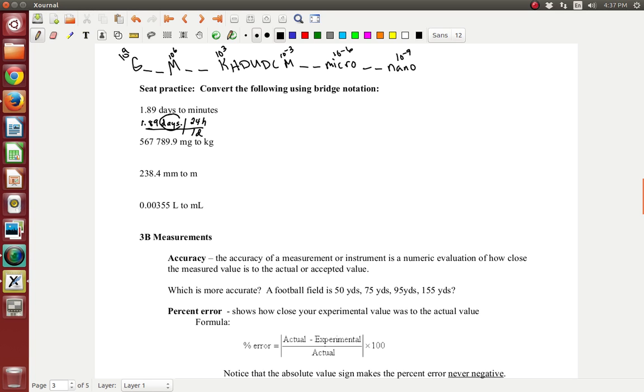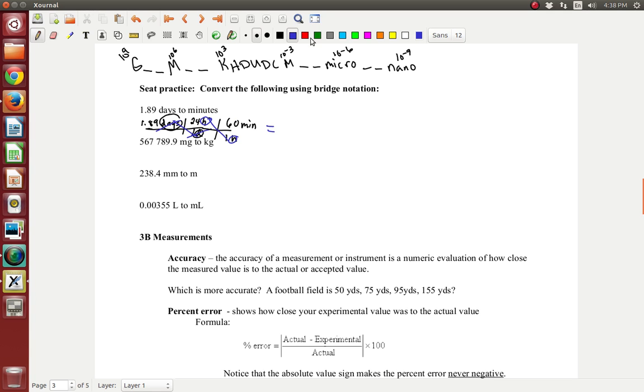So notice the days are on the top and the bottom. They will cancel. I'll be able to cancel those out. Okay. And then there are 60 minutes in 1 hour. Notice the hours are on the top and the bottom, another diagonal line, canceling those out. So now it's 1.89 times 24 times 60.